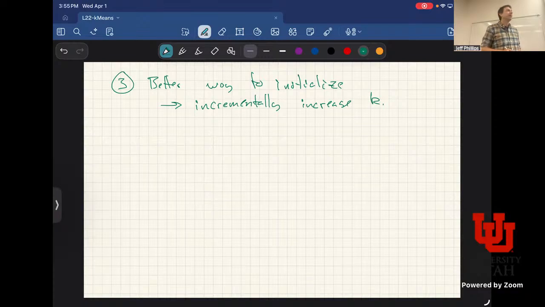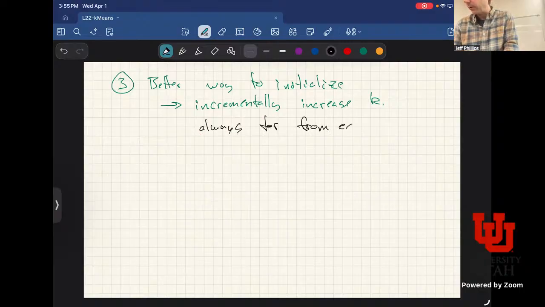I want to pick points that are far away from the points I've already chosen. So always far from the existing sites.